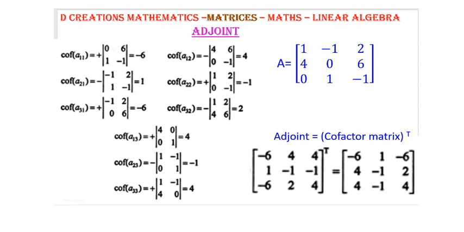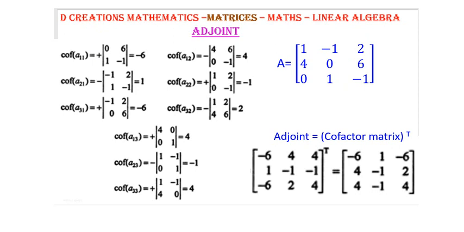Now this is A11, row 1, column 1. That means these elements need to be ignored and these elements need to be ignored as well. Entire first row and first column are ignored. So what are you left with? 0, 6, 1, minus 1. Can you see it here? 0, 6, 1, minus 1. And then what is going to be the determinant?